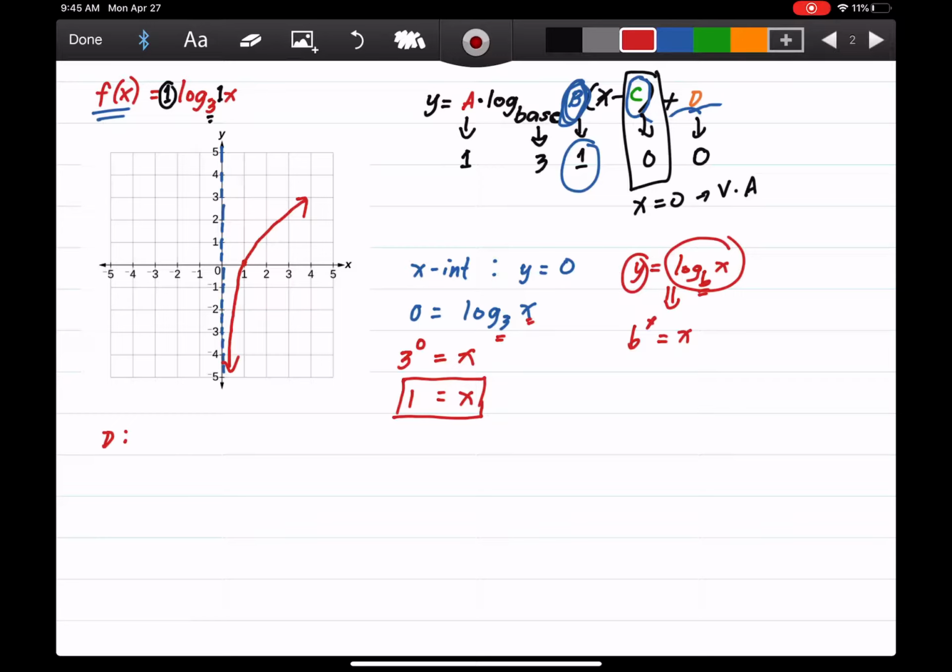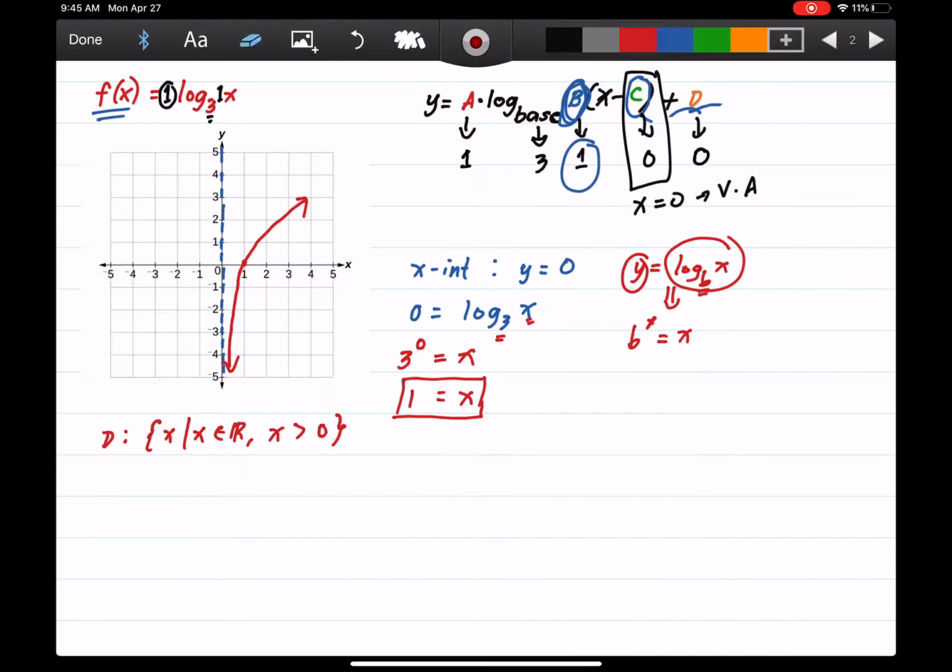As you can see, the graph is only contained to the right of 0, right? So the domain can never be negative because there's no graph on its left. So the x values are the set of all x such that x is an element of the real numbers, but your x values are greater than 0, because your graph is contained to the right of 0.